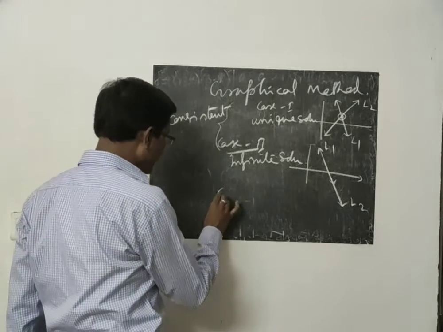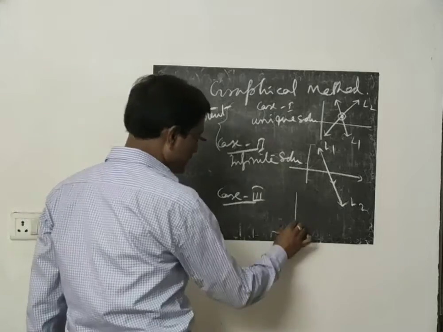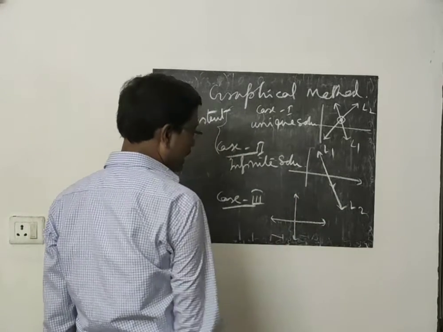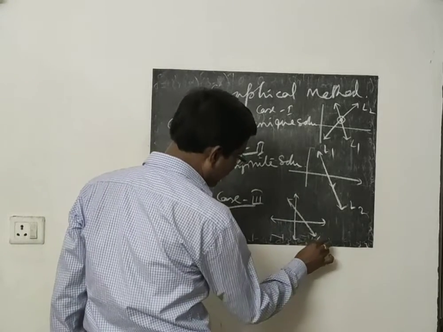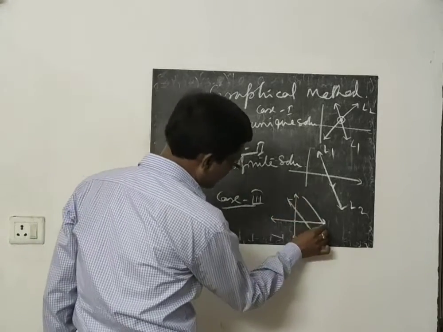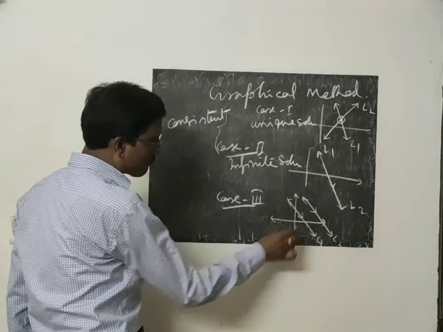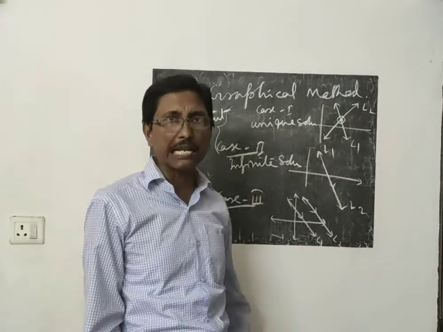Next, another case you may get, that is case 3. Suppose you want to represent these two given lines L1 and L2. You may get one line like this, L1, and another line like this, L2. So these two become parallel lines. Graphically we are getting parallel lines.